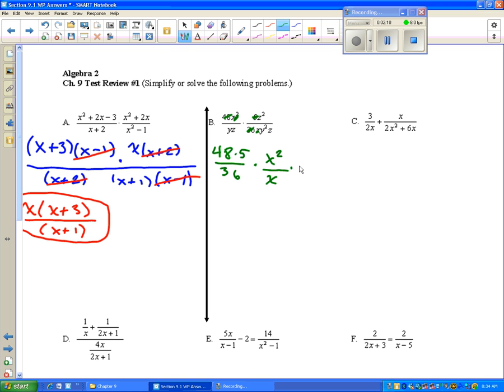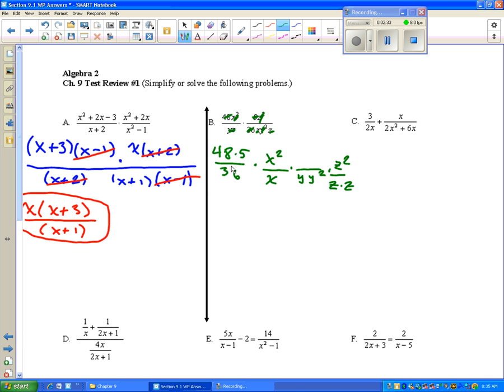Put my y's together, y times y squared, and put my z's together, z squared over z times z. So there's my y and my y squared, my z squared, and my z.